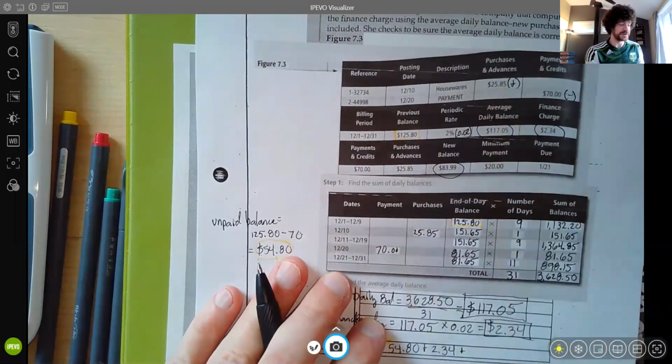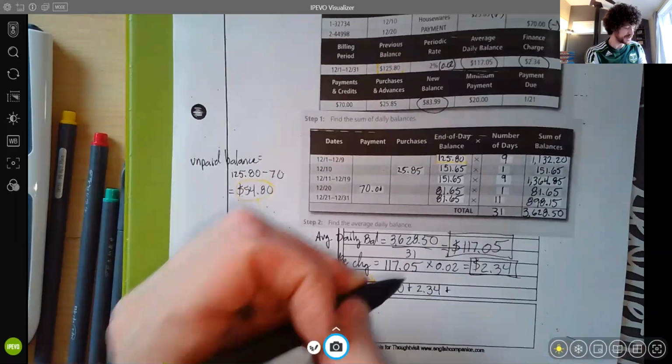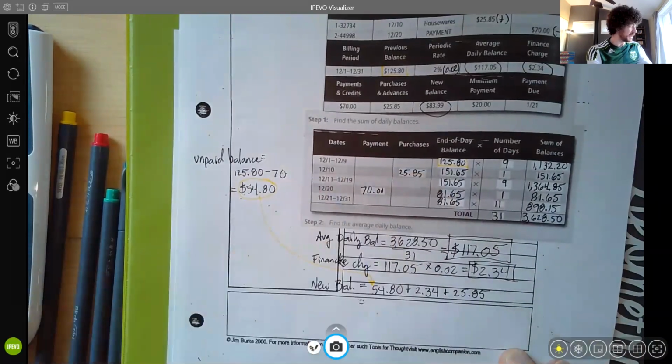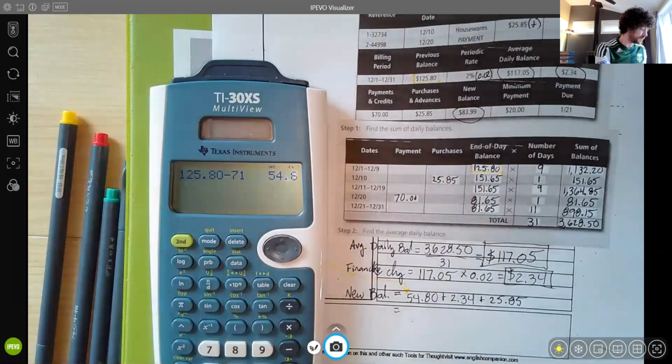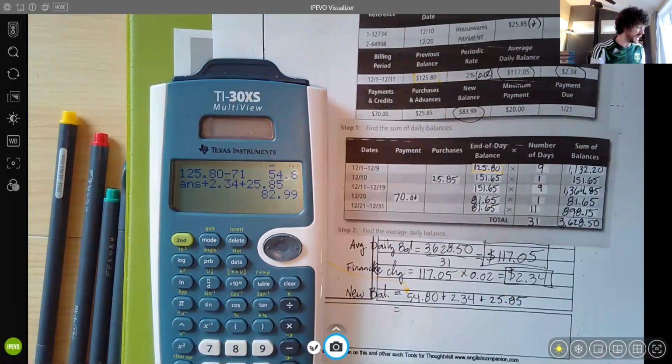I accidentally included the 25.85 initially over here with unpaid balance. That was my mistake. So we are looking at a new balance of $82.99.